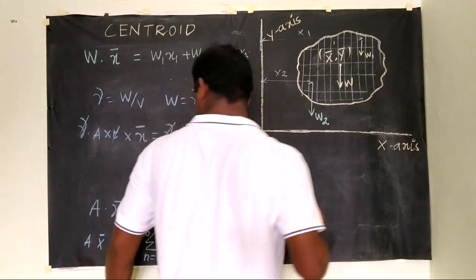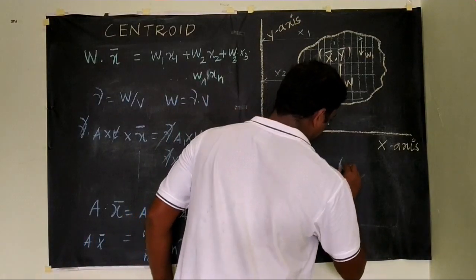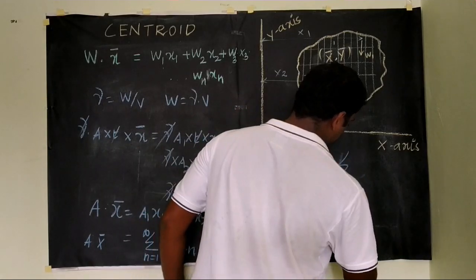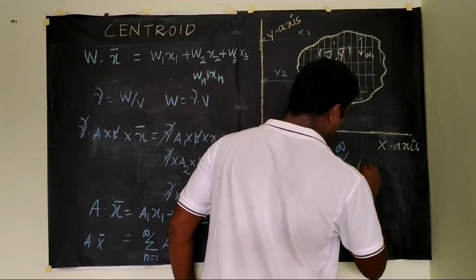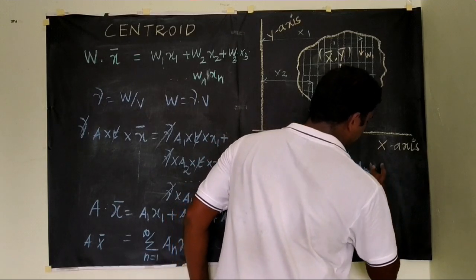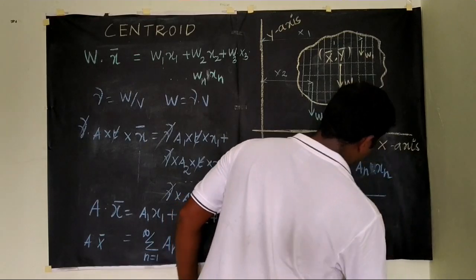Here I need the value of x bar. X bar equal to sum of n varies from 1 to infinity, then an into xn by sum of a.